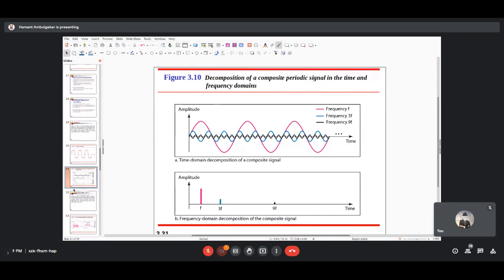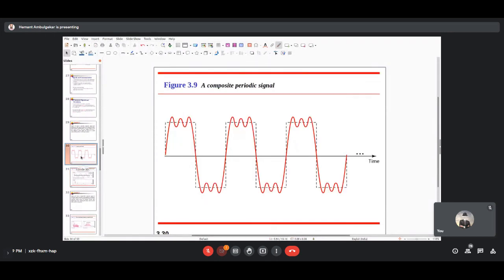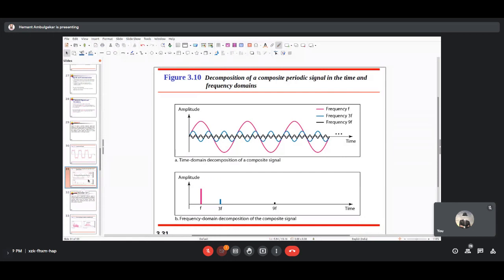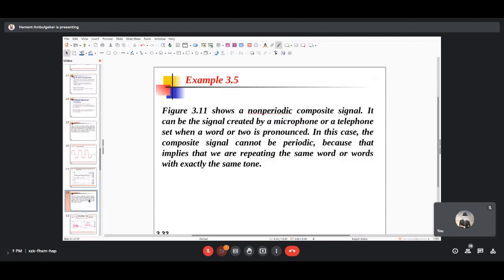Some of you might be thinking how to divide this, but we are not dividing it, and that is not part of our study. Such composite signals are required for data communication and need to be decomposed, and the decomposed signals can be represented using a time domain plot or a frequency domain plot.